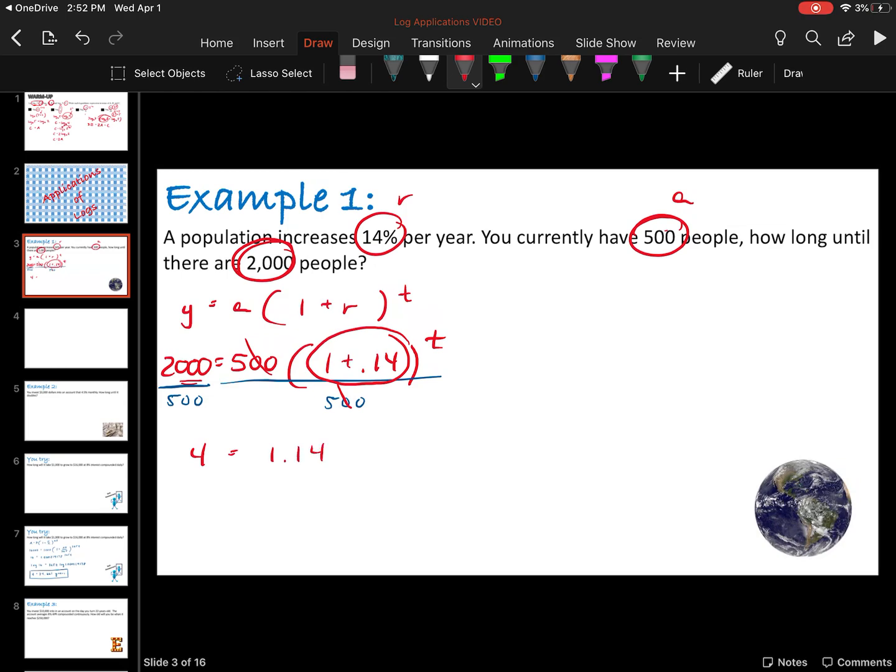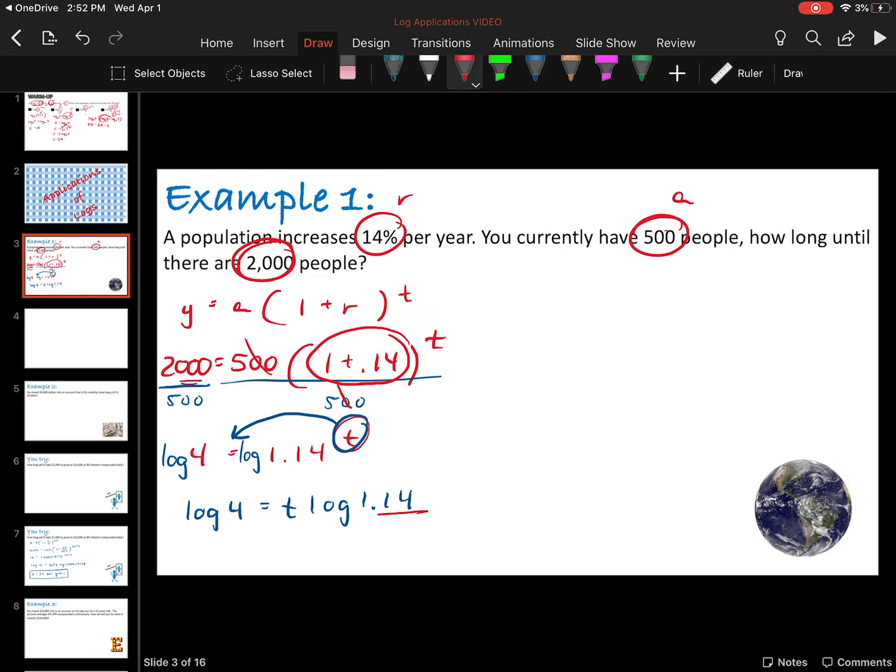We get 1.14 to the t. And then in order to solve that out, we're going to have to take the log of both sides, because that's going to bring this down and make it the coefficient out front. So I'm going to put a log up front right here and a log right here. And now it's going to be log 4 equals, and this t is going to come down out front as the coefficient, equals t log 1.14.